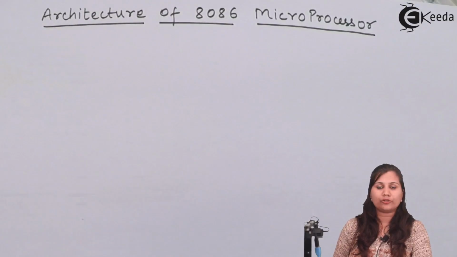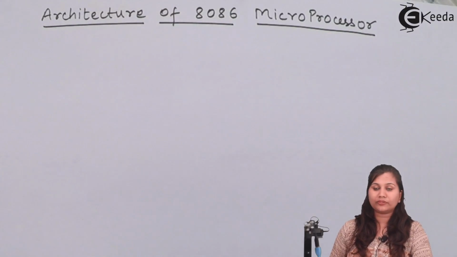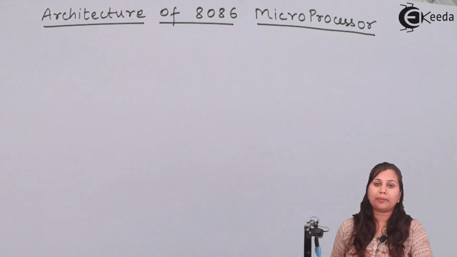The architecture, or we can say the block diagram of the 8086 microprocessor, is divided into two main blocks. First is the bus interface unit and second is the execution unit.